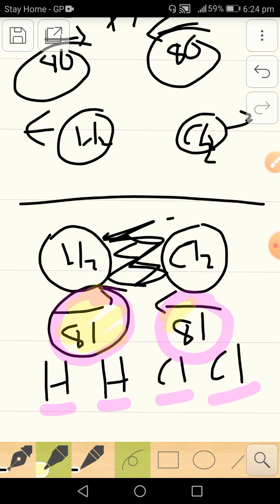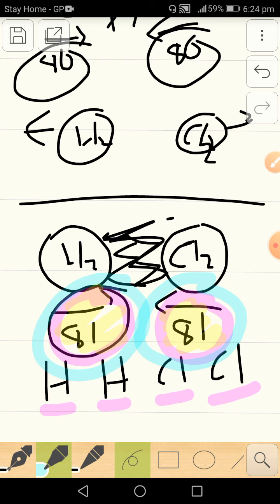Okay, so what is the minimum energy requirement? It is 81. So this minimum amount of energy, please note this down, the minimum amount of energy with which the particles, if they collide, then the bonds would be broken and reaction would be started, is known as the activation energy.